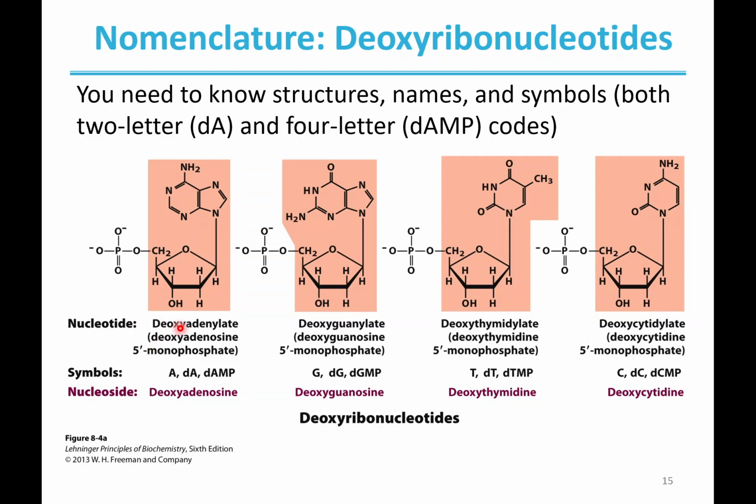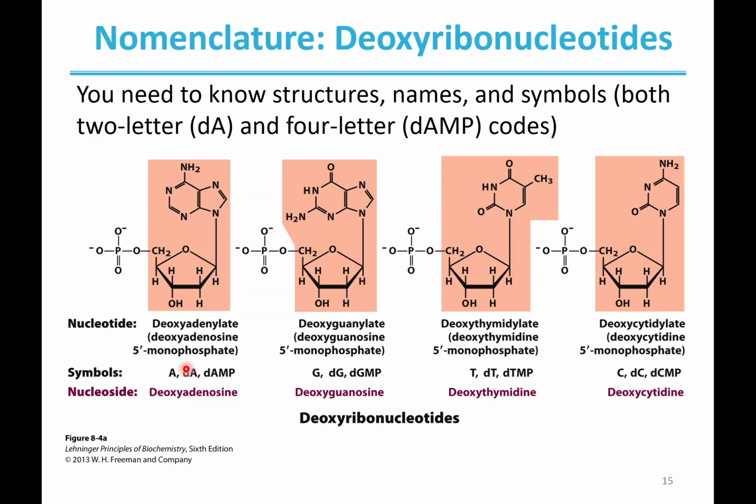So you can either call it deoxyadenylate or deoxyadenosine 5' monophosphate. The symbols, you can use an A. That doesn't really tell you that you're talking about DNA though. So probably a little bit better symbol to use would be the lowercase dA.